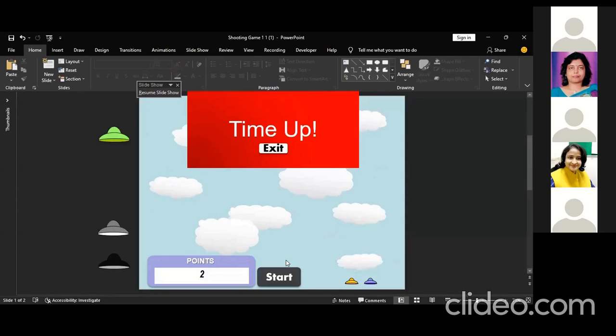My time was over. So I could manage to hit 2 spaceships. It is working. Okay. It doesn't matter. The score actually doesn't matter.